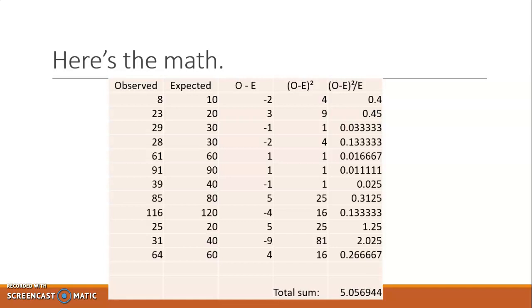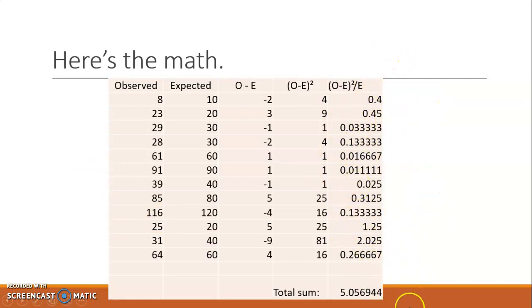The second one, which I believe is glass for location 2, 23, expected is 20, difference is 3. Squared is 9, divided by the expected, which is 20, we have 0.45, and so forth and so on. And then at the very end, you sum all of these up.